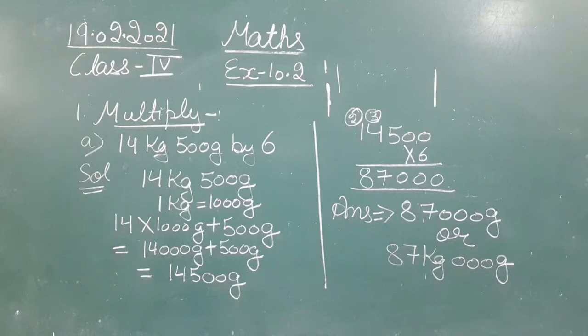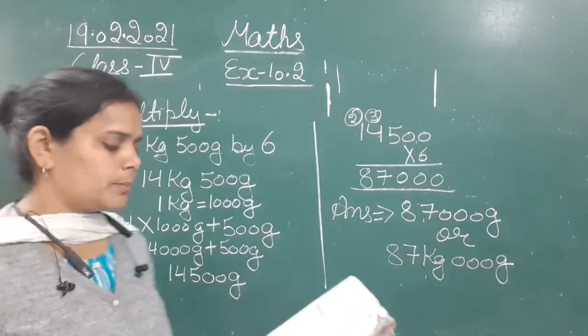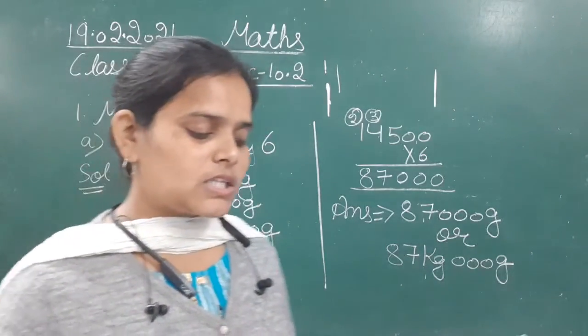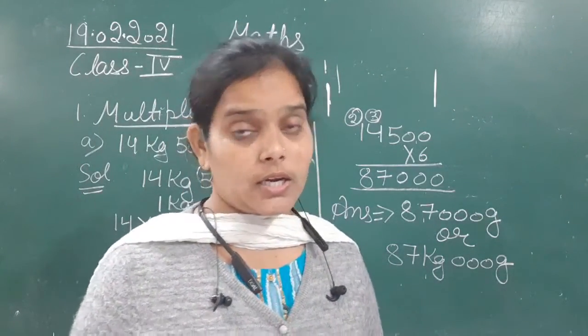So this is how you are going to do the conversion first, and then we will do the multiplication or the division. Let's do the B part. In the B part, we need to multiply 8 kg 250 gram by 9.